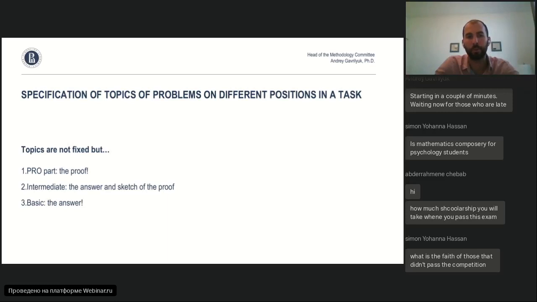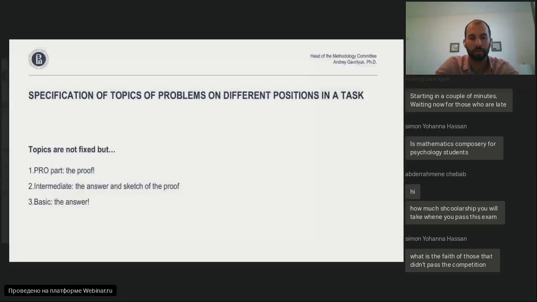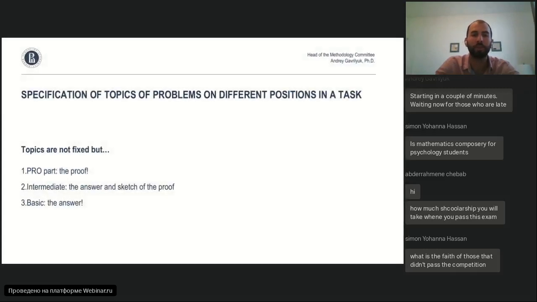So the pro part usually has combinatorics and algebra. These are 2 key topics for this, but don't take that too literally.